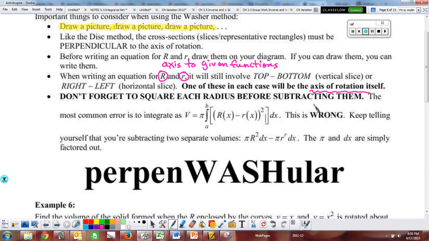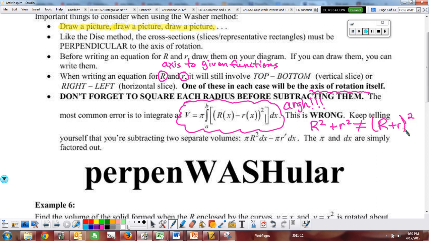Don't forget to square each radius because it's pi r squared, and do not do this. This is wrong. I am going to put a big circle on this, and I'm going to do a very, very bad math thing. This is not true. R squared plus little r squared does not equal this squared. This goes all the way back to Algebra 2.